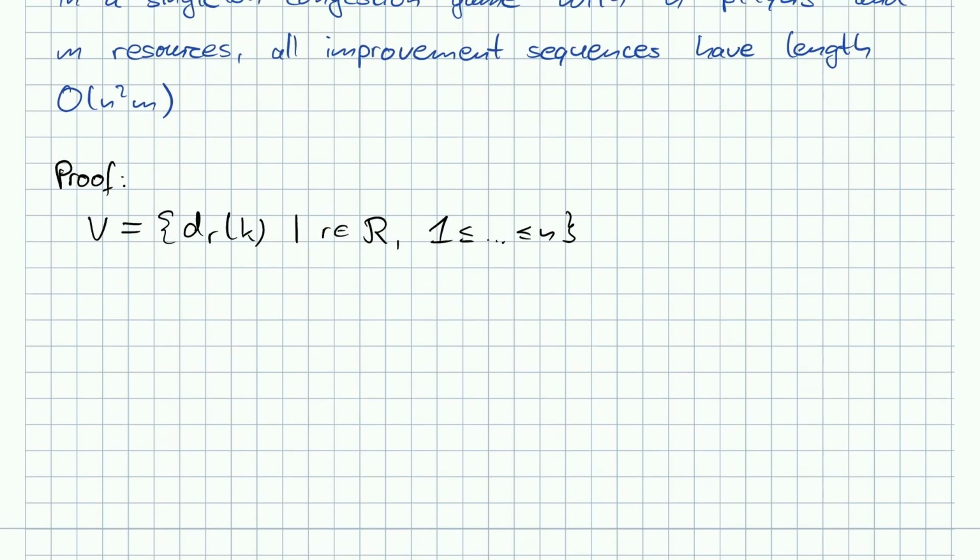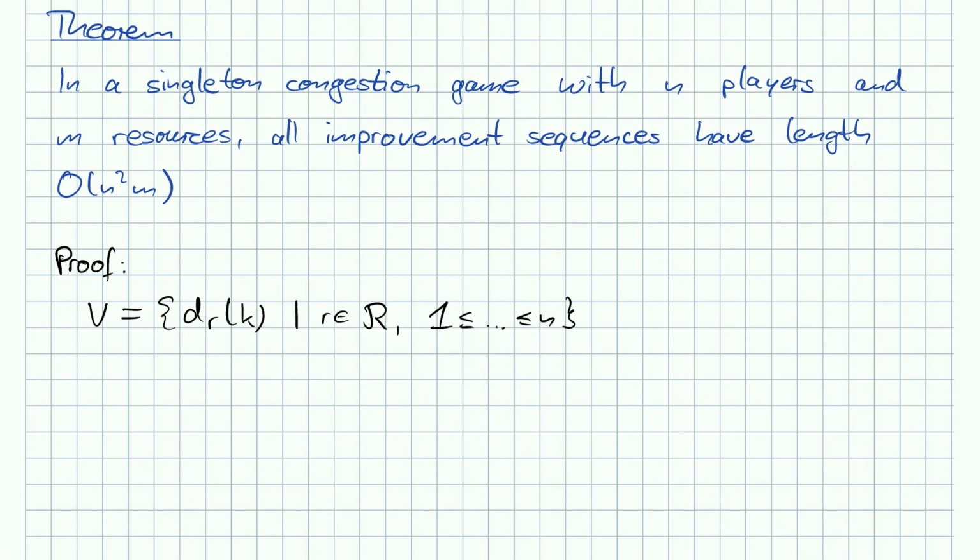So having now defined this set of all delay values, we can observe that the size of this set is at most the number of players times the number of resources. Why is this?